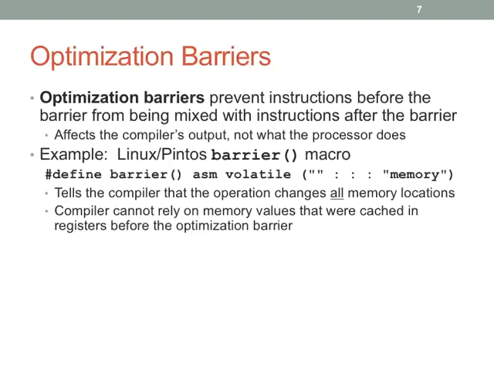So let's say it sucked a value out of memory into a register, and then it was using the register to do the intermediate computation. And then maybe it would like to assume that that register value is still the same. Well, when you say that all memory has changed, then the compiler no longer can trust the value in that register anymore. Now memory may have a different value than the register holds, so it has to go and fetch it again. So that's the concept of an optimization barrier. Really simple, right?